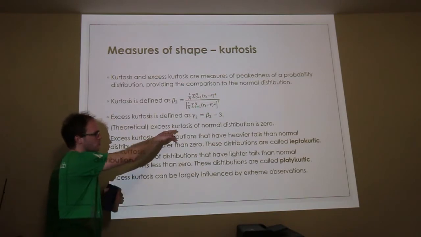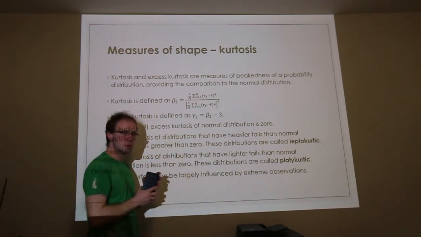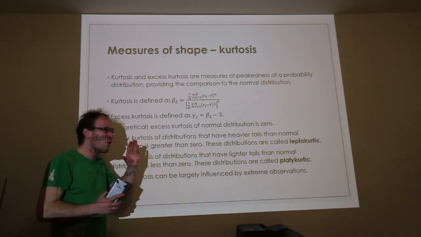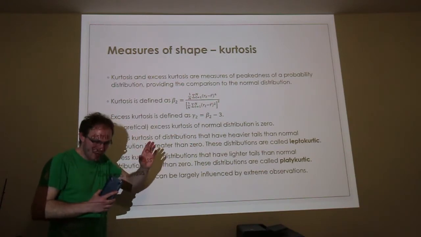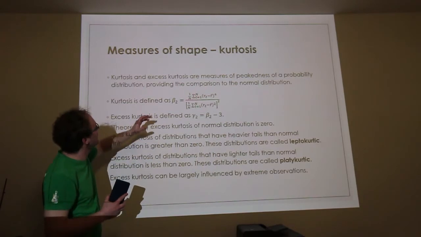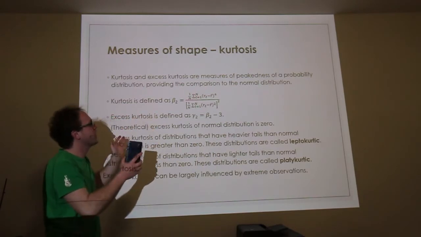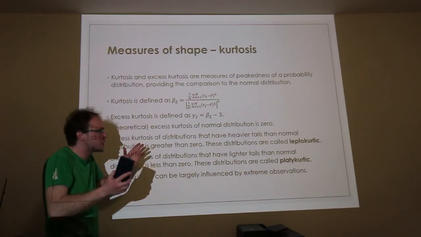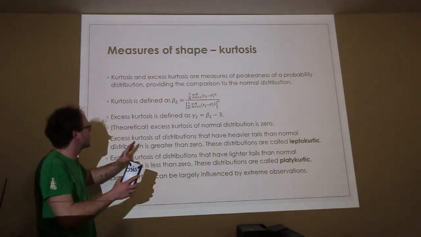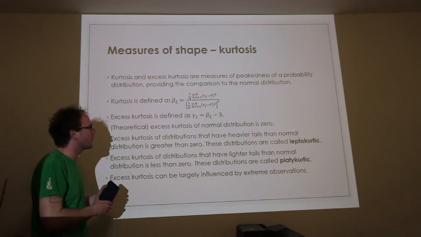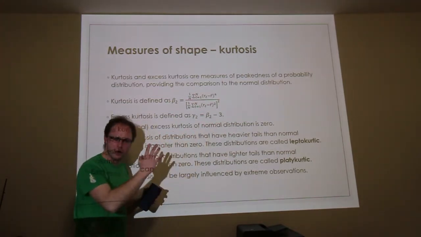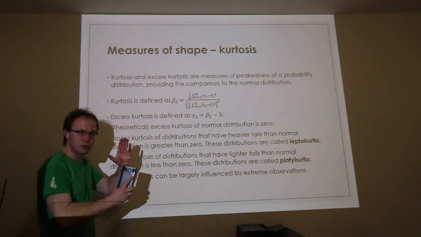Theoretical excess kurtosis of normal distribution is 0, again. You will see later why the skewness and kurtosis are equal to 0 or very close to 0 in the case of normal distribution or symmetric distribution.